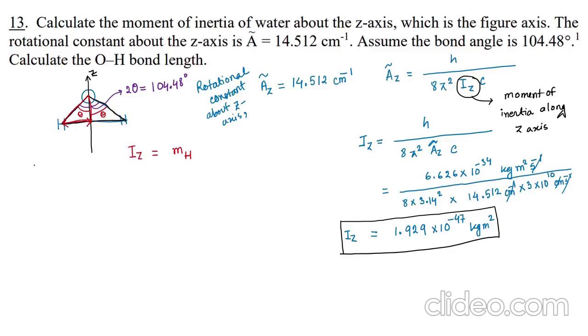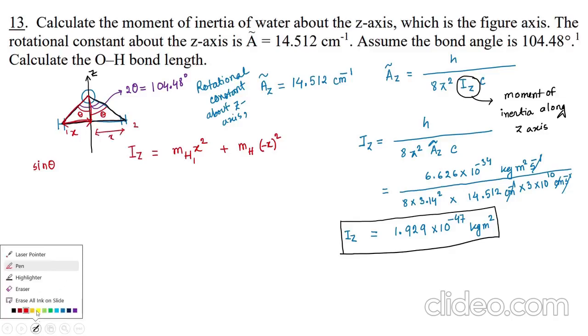From this triangle I can see the distance, if I take sine theta, suppose this distance is x, so this is going to be m x square for one hydrogen, and for the second hydrogen, m_H times the same distance, but the coordinate can be minus x.